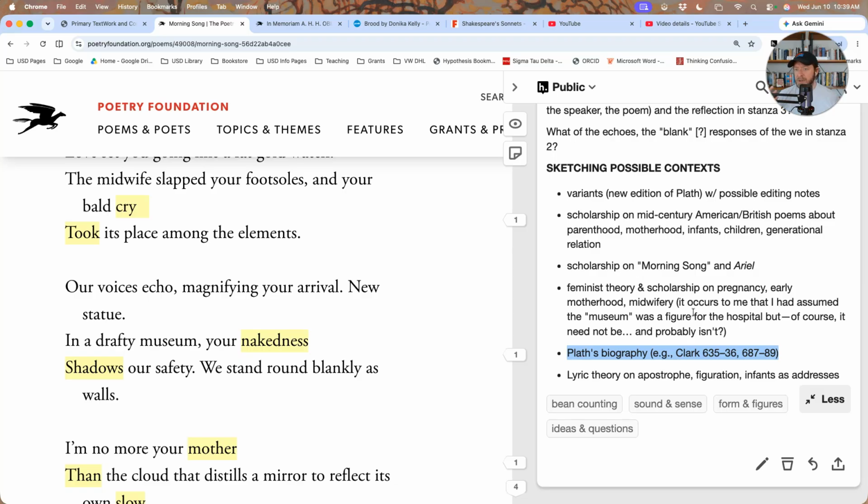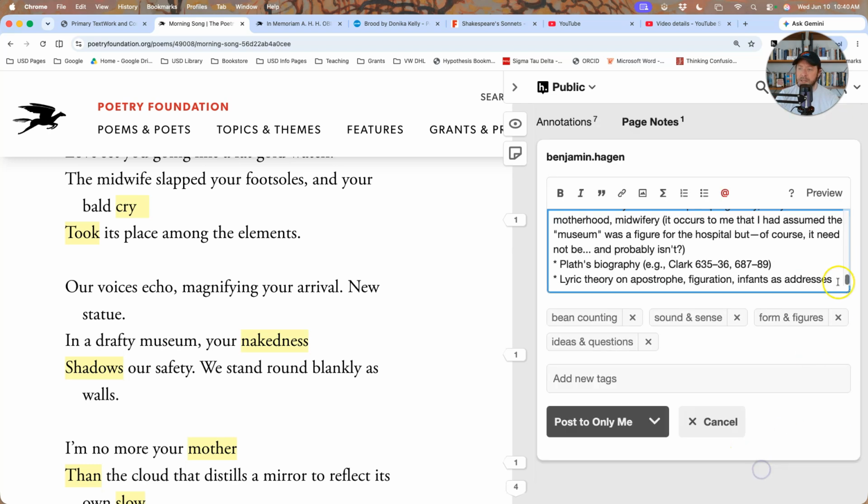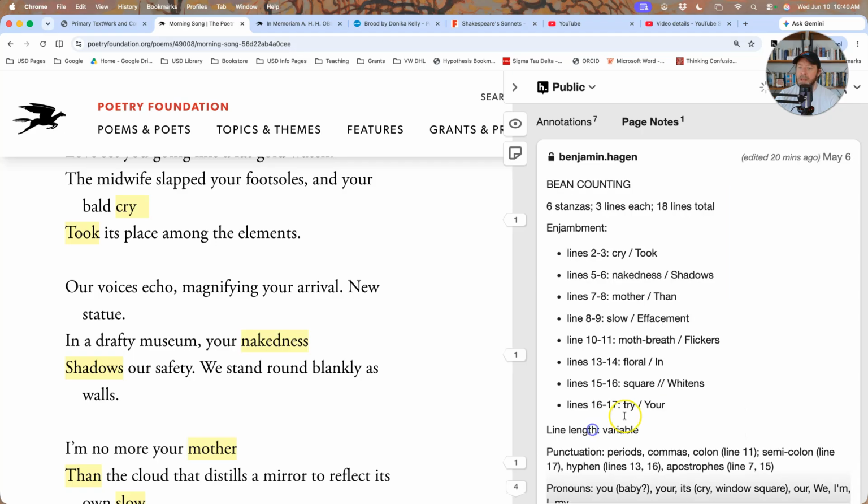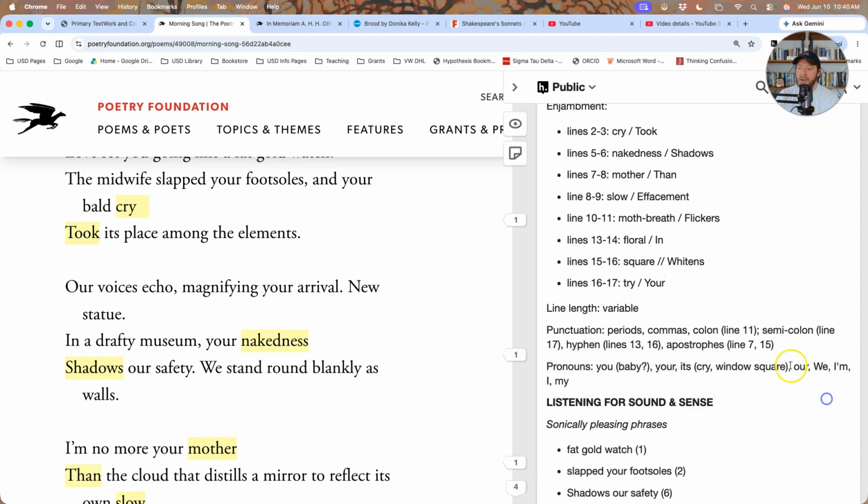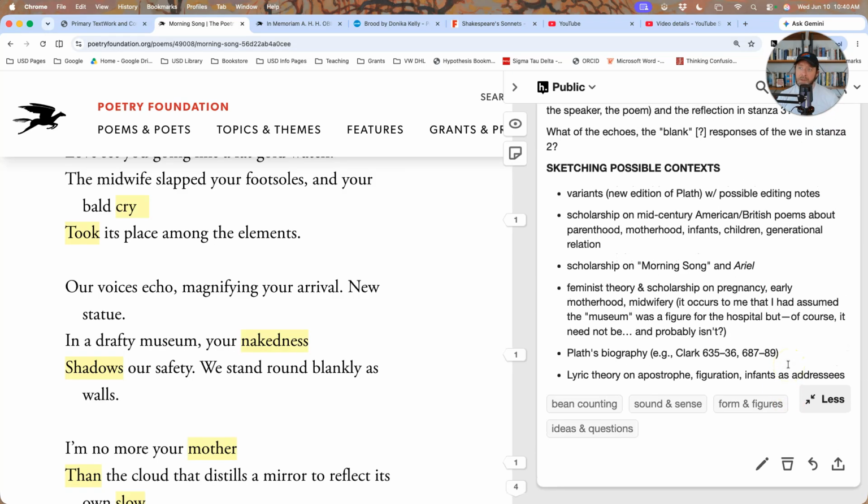And then more generally, in terms of literary theory, thinking a bit about apostrophe, figuration, infants as those meant to be addressees of a poem. It does seem to me that might be particularly useful.